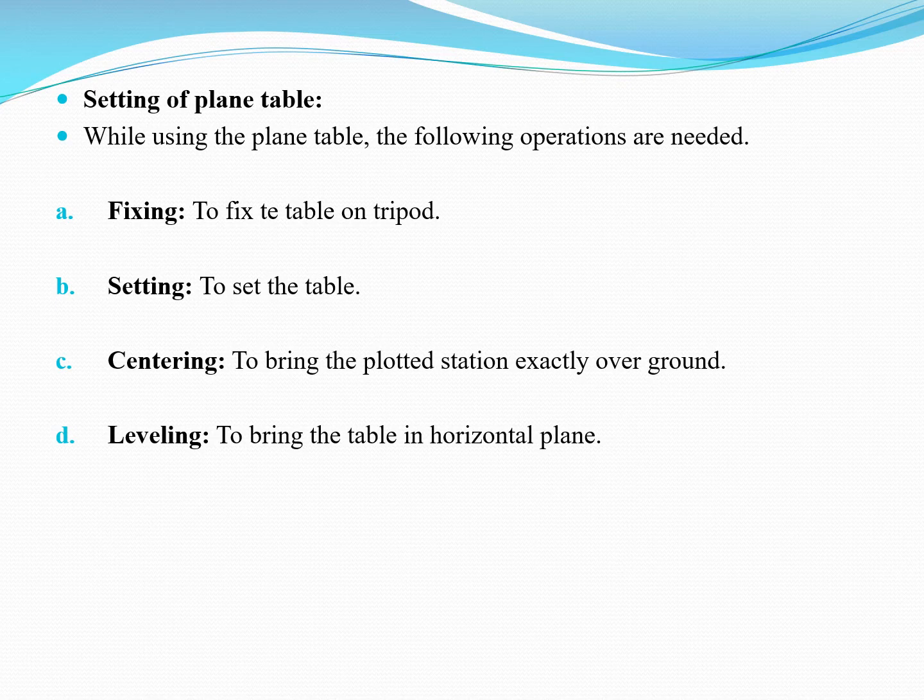While using the plane table, the following operations are needed. There are four operations here. First one is fixing, setting, centering and leveling. These are the four operations done before using the plane table survey.